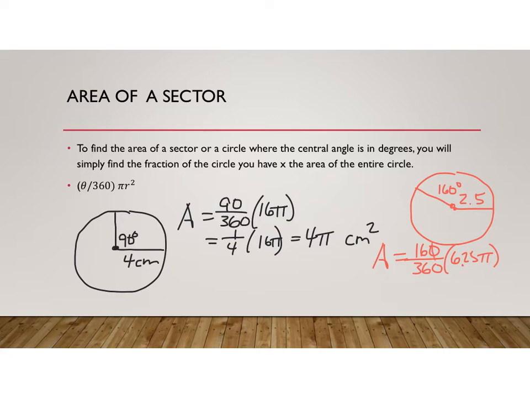Okay, we could cancel here. We could take a 4 out of each of these. That's 4/9. Basically, we're talking about 4/9 of the circle. So if I would take 4 times 6.25 pi and divide that by 9, the area of this one would be about 8.7, and that would be square units. In this case, I did not specify units; if this were inches, then it would be inches squared.